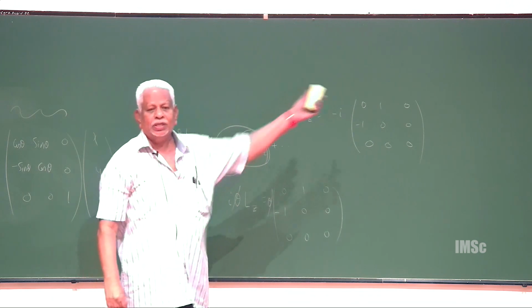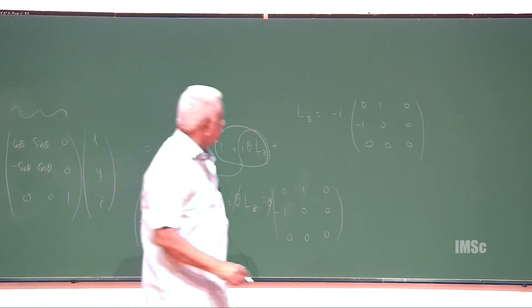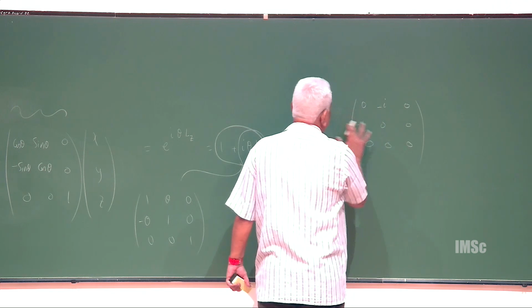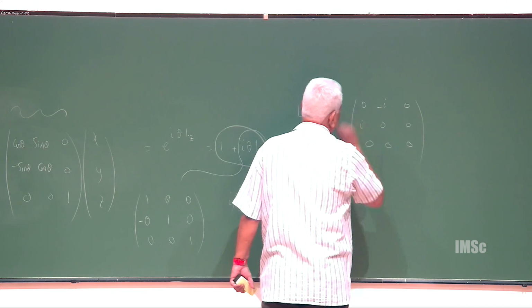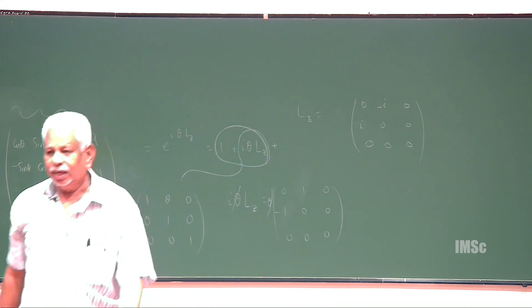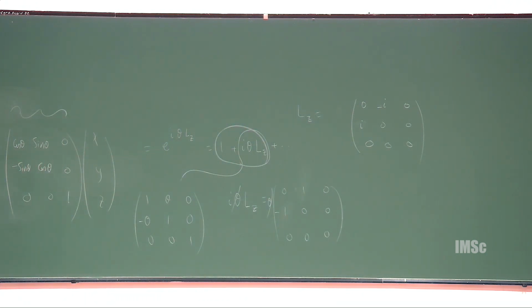You can even put that i inside. You can even put minus i here, and this minus i and minus 1 will become i here. So Lz is that matrix, which has done a small rotation, right? It has become a small rotation.